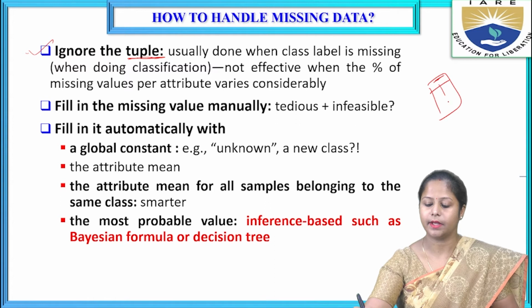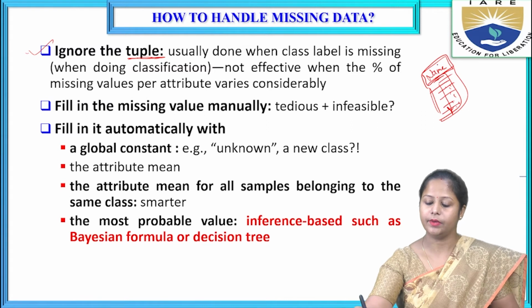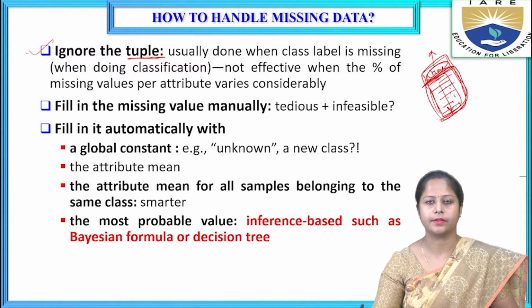Like if we have a name field, with some examples of names, and the name has been missed, then all that data will not be useful for us.